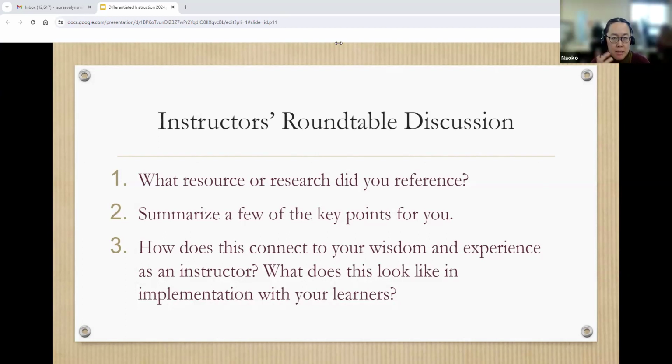So when I go into the class, sometimes I can make more quick adjustments to the lesson plan, like if I need to change the lesson. So yes, that's it. Thank you.